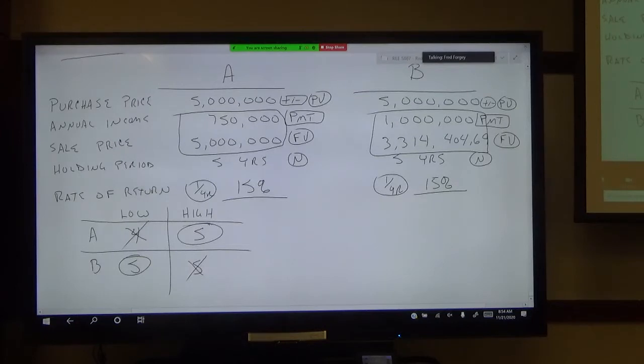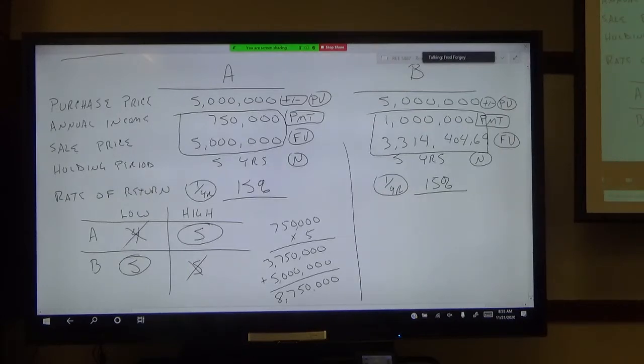So for example, in this example, $750,000 times 5 years of receiving that is $3,750,000 of operating income plus the $5 million sale price, which would give us a total of $8,750,000 of just cash coming in the door.